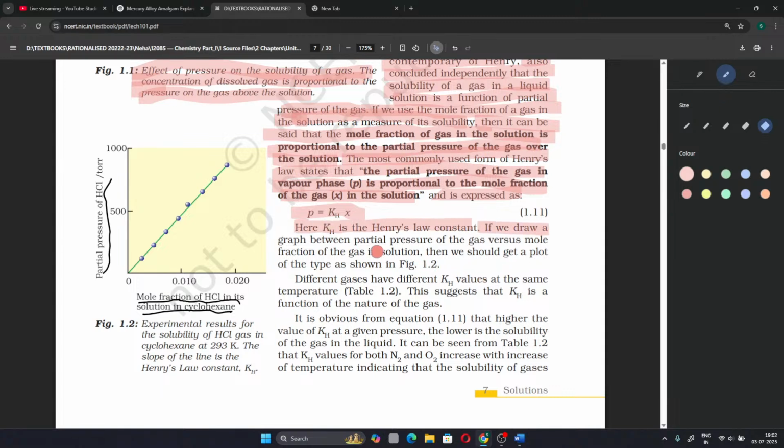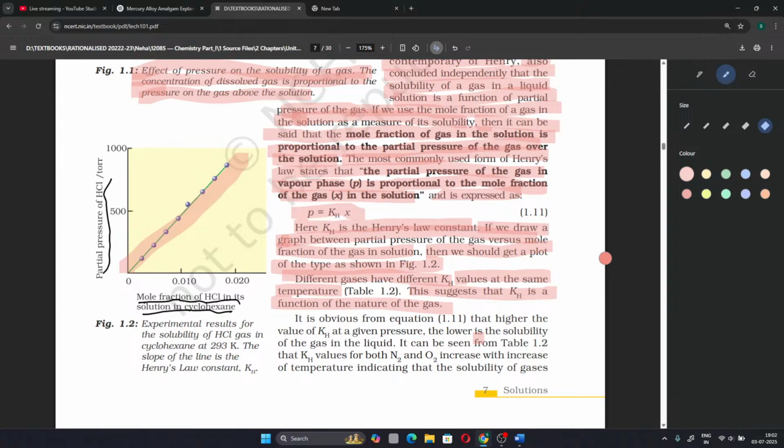If we draw a graph between the partial pressure of the gas versus the mole fraction of the gas in a solution, then we should get a plot of the type shown in figure 1.2, a linear graph. Different gases have different KH values at the same temperature. This suggests that KH is a function of the nature of the gas. Basically, because different gases have different Henry's constant values, KH depends on the nature of the gas.